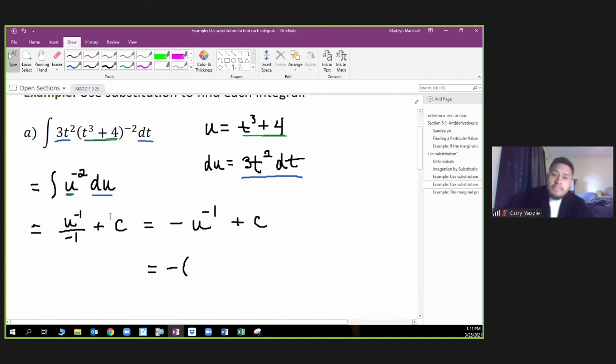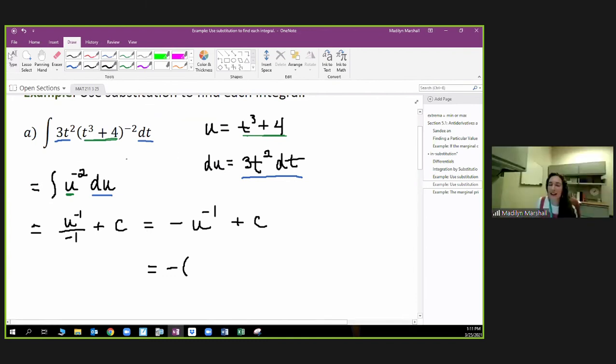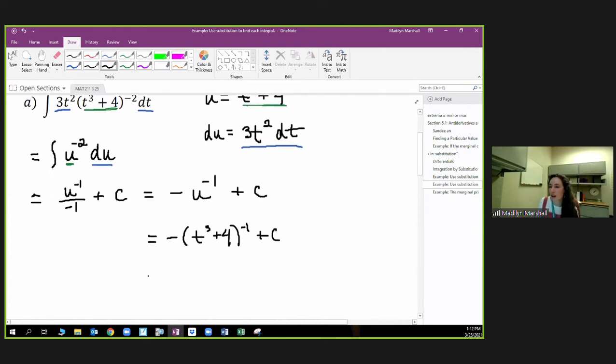But there's no exact answer. Either way is fine. So we can leave it as negative t cubed plus 4 all to the -1 plus c, or we could put it like this.